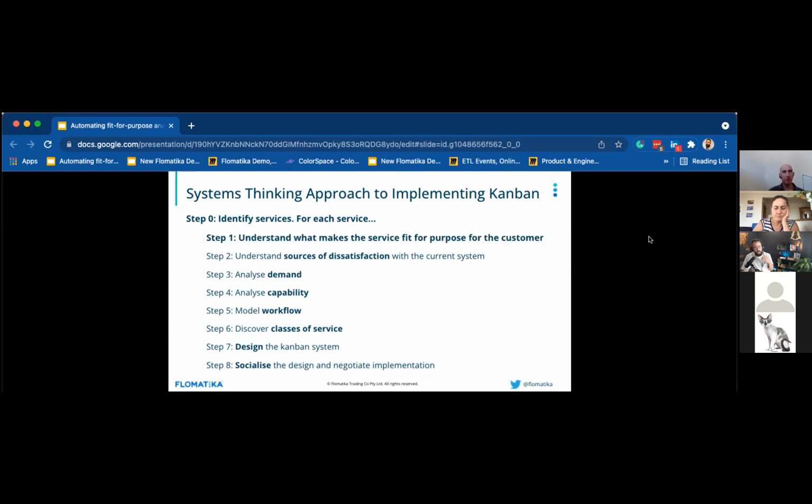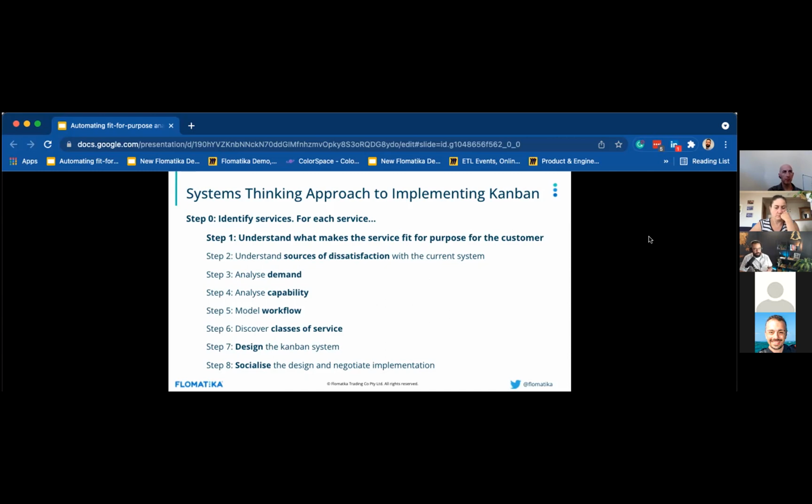I also want to talk about step one of STATIK, which is about understanding what makes a service fit for purpose. That first step is considered a more advanced topic and is usually skipped during more novice implementations.